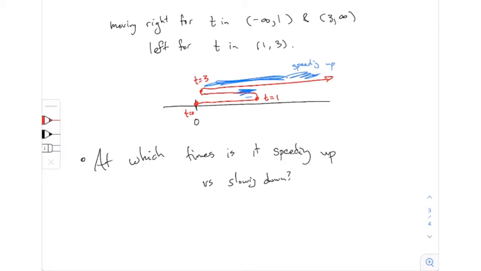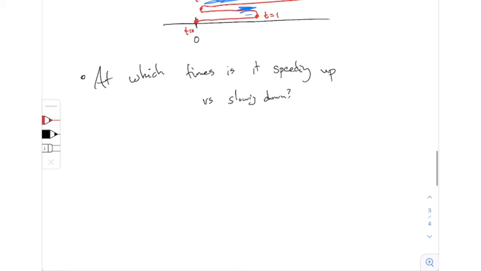That means that it's speeding up when it accelerates in the same direction of travel. So what we really have to answer here is, when is the acceleration direction the same as the velocity direction?